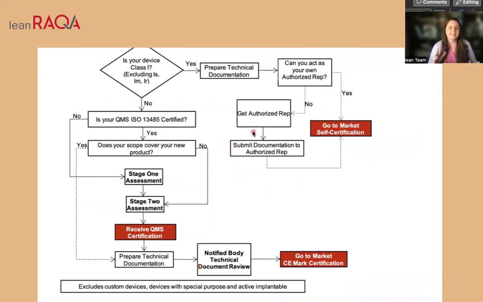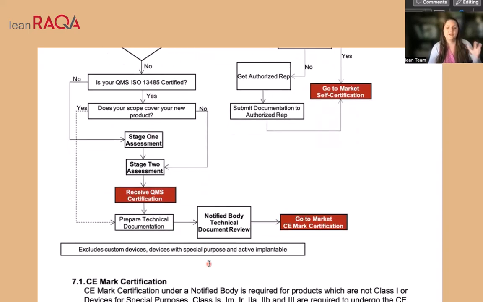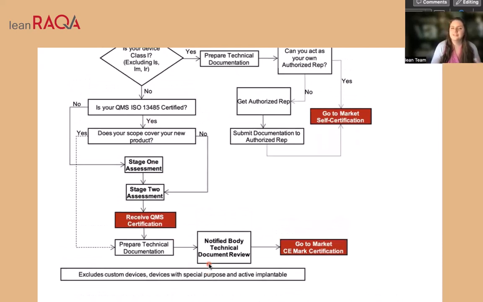And it doesn't look as complex as the one for FDA because FDA has a lot more mechanisms of communication, but there is more work sometimes with EU commercialization, because for any EU commercialization that is not Class I self-certifying, you're going to have to work with notified bodies, do formal audits, stage 1, stage 2 assessment audits before you can even begin your technical documentation review. So there's just some nuances and things that you need to think about as a startup company.